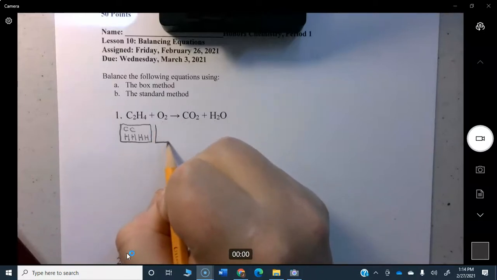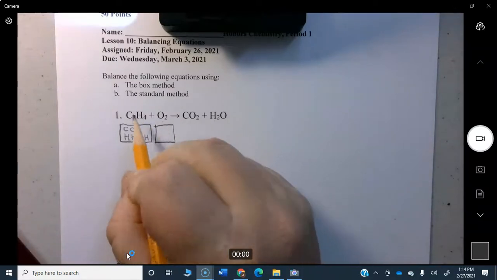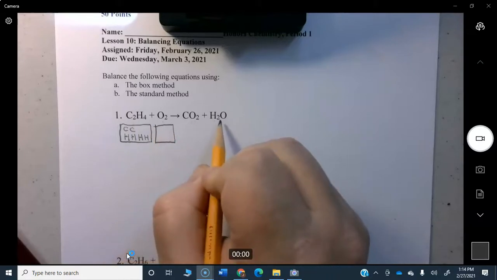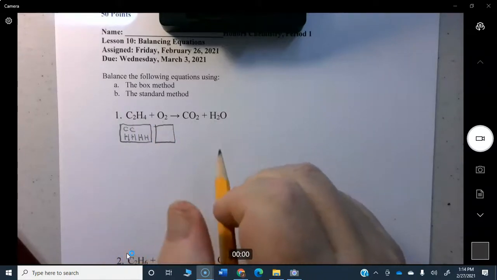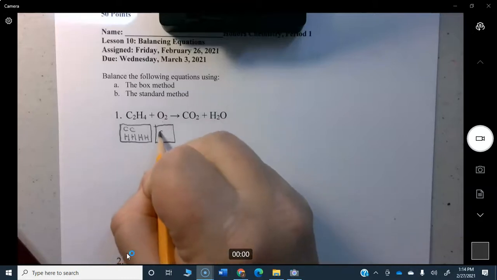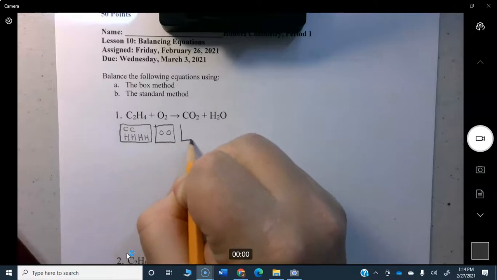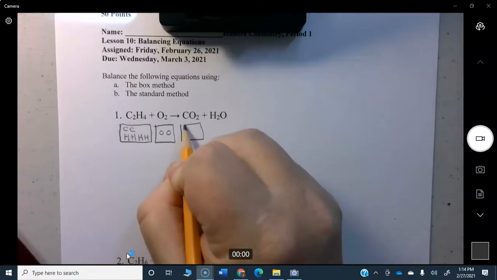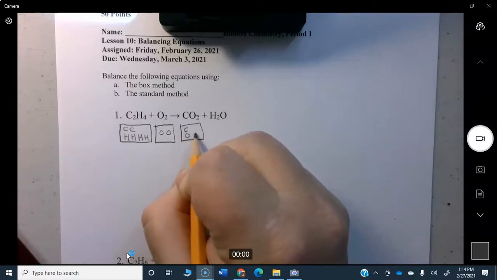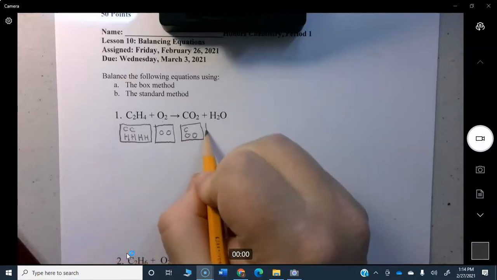The oxygen molecule, these are all molecules, by the way, they're all nonmetals, which are covalently bonded, so that creates a molecule, a separate independent structure that can move separately from other molecules. Okay, so oxygen is O, O, and then over here we have carbon dioxide, that's C, O, O, and then water.